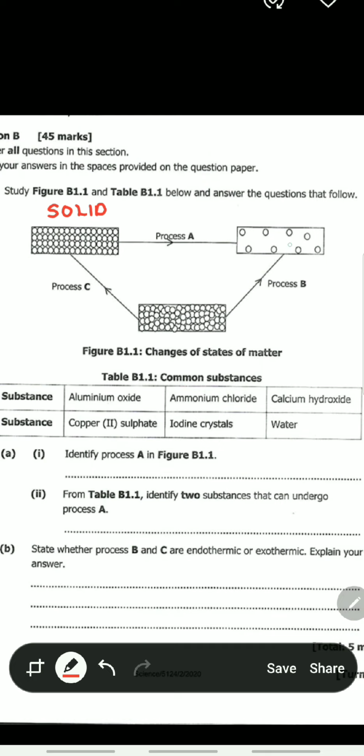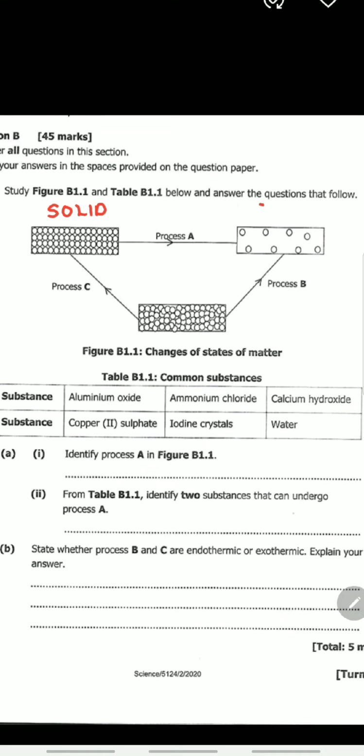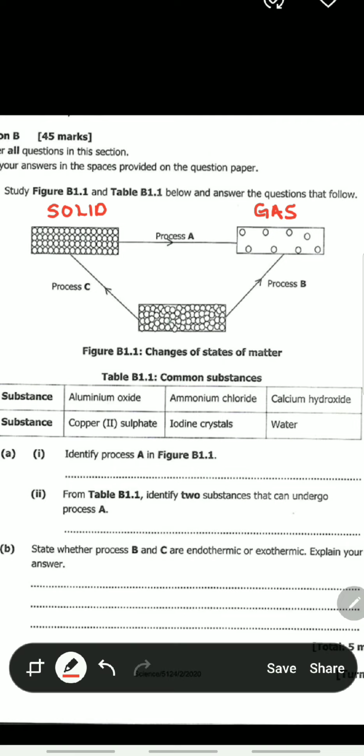Then here where the particles are furthest from each other, leaving longer distance between particles, this state of matter is a gas. Then here we have the arrangement of particles that are not orderly. They are just mixed up, unlike in solids where the particles are orderly and in a regular pattern.